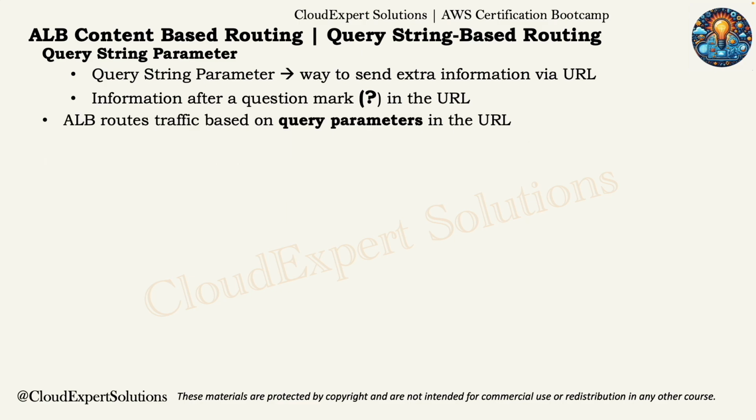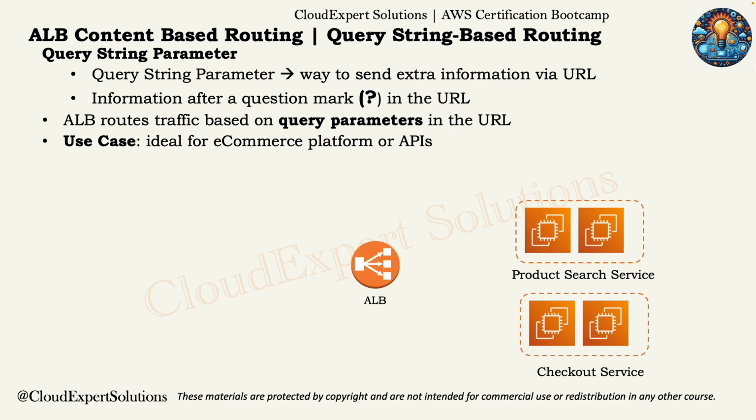Now you can configure application load balancer to route traffic based on the query parameters in the URL. This is ideal for e-commerce platform or APIs that need to filter traffic based on the URL parameters. Now let's understand with an example, and let's imagine you have two separate microservices to handle product search and checkout feature in your e-commerce application.